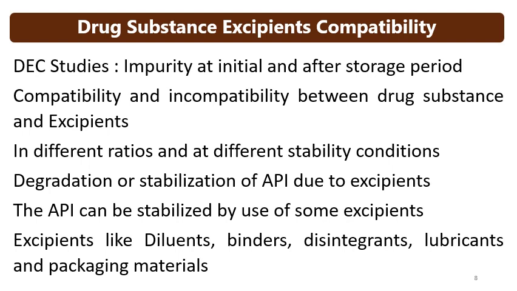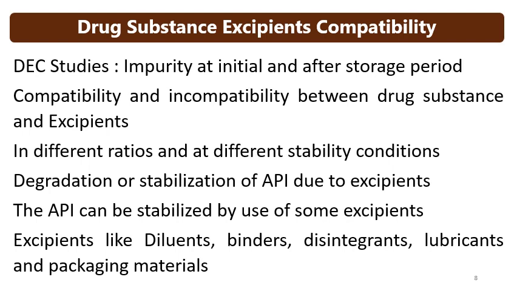Different ratios are taken and different storage conditions are used to expose these samples. Degradation or stabilization of API due to excipients can be understood. The API can be stabilized by the use of some excipients. Excipients like diluents, binders, disintegrants, lubricants, and the packaging materials can be evaluated.